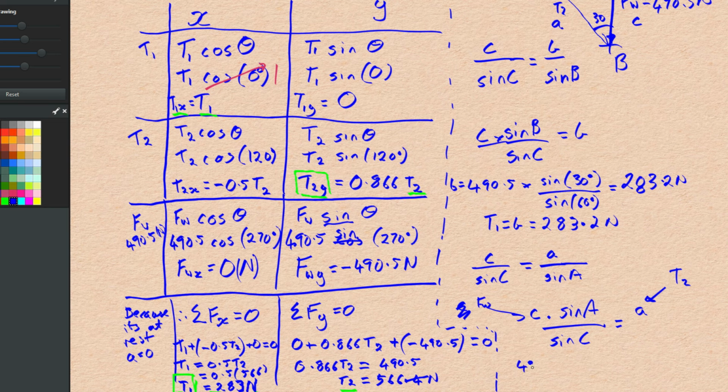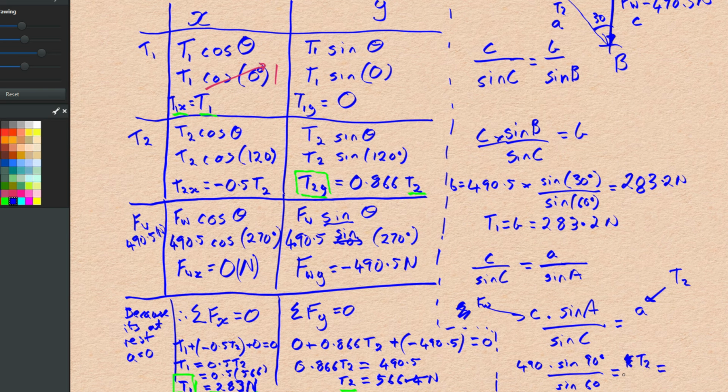So I get 490 times sine of A, which was 90 degrees, and over sine C, which from above here was 60 degrees, sine of 60 is equal to, not FW, is equal to T2.